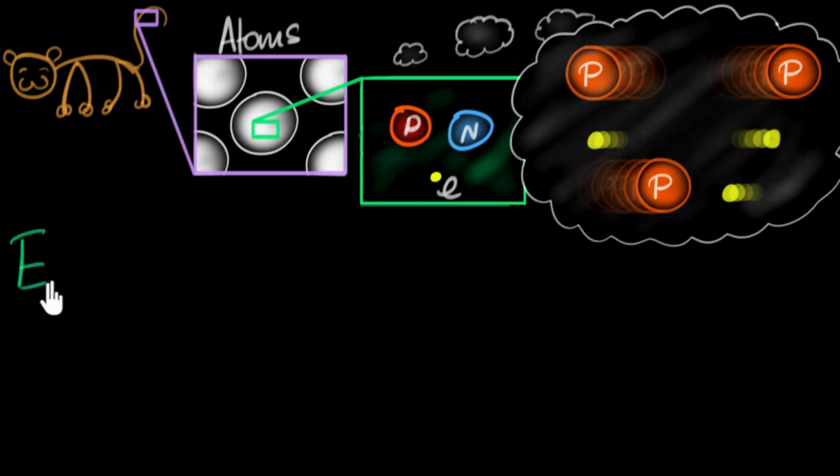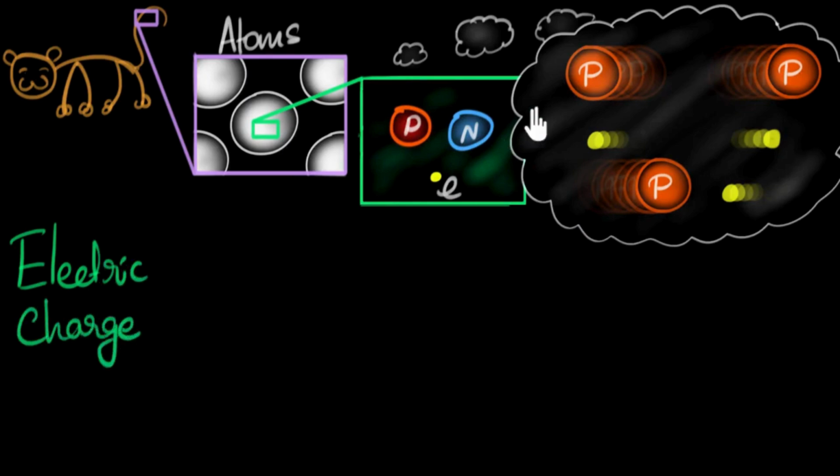That is what we call electric charge. And this force that exists between these charged particles is what we call the force of electricity. So long story short, if somebody asks, what's electric charge? Then it's simply something that protons and electrons possess, which causes them to attract or repel other electrons and protons.